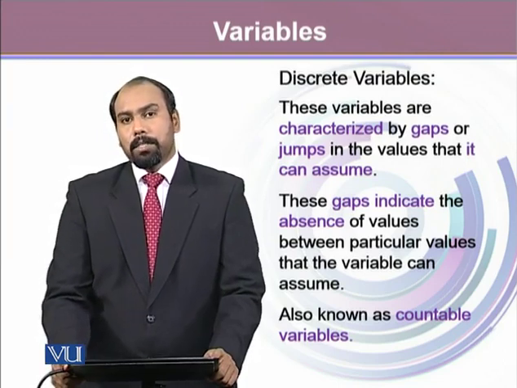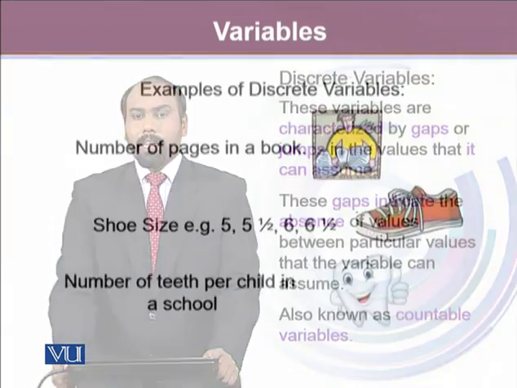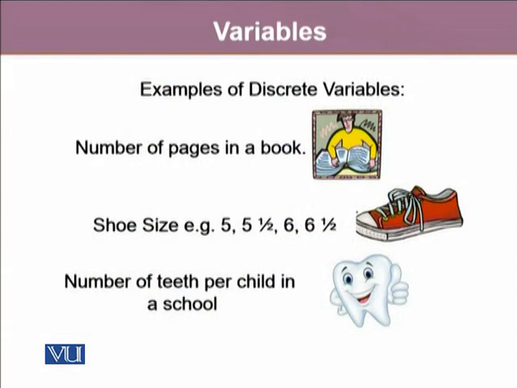Discrete variables are also known as countable variables. Let's take a few examples, like the number of pages in a book. These could be 1, 2, 3, 4, but there's no observation between 1 and 2, 2 and 3, and so on.